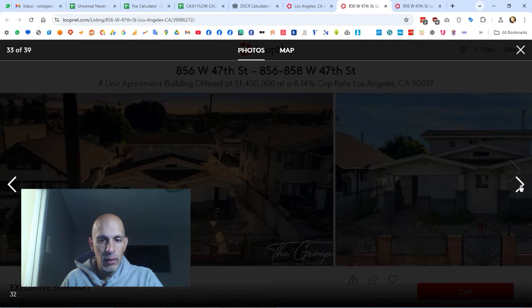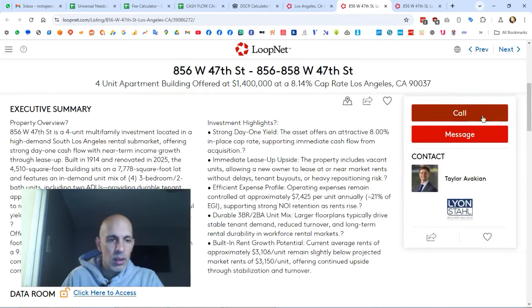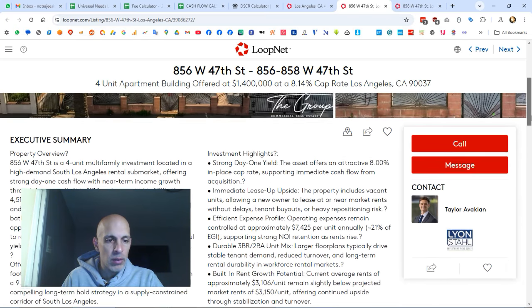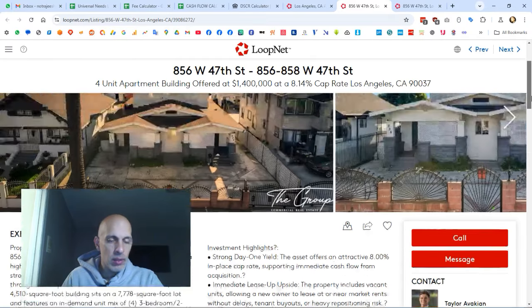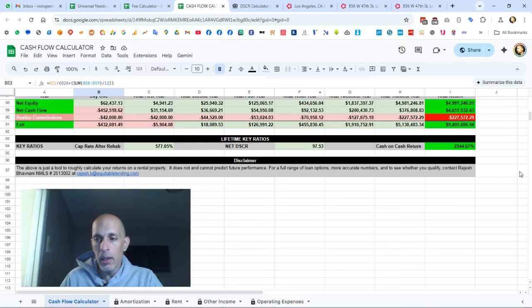Yeah, these can definitely pull that kind of rent in this part of town, especially since they're 3 bedrooms each. Yeah, 4 3-bedroom, 2-bath units. So that's literally like $1,000 a bedroom per month. So yeah, this is a good property, and this is just buying it and holding it.